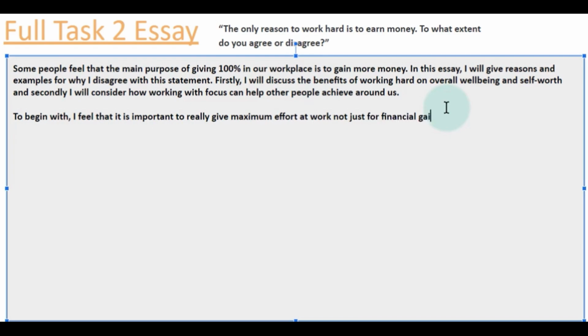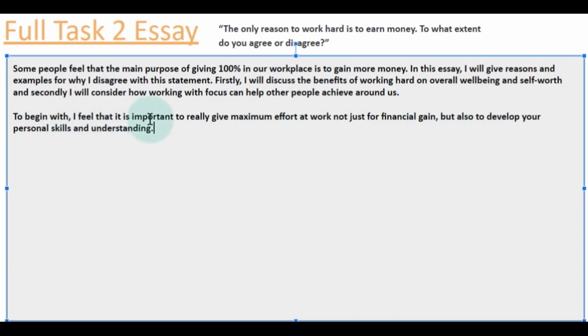I'll use that phrase I discussed earlier. I feel that it is important to really give maximum effort at work, not just for financial gain, but also to develop your personal skills and understanding. So this learning journey that we can have.